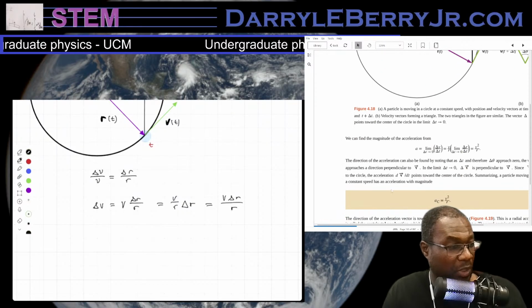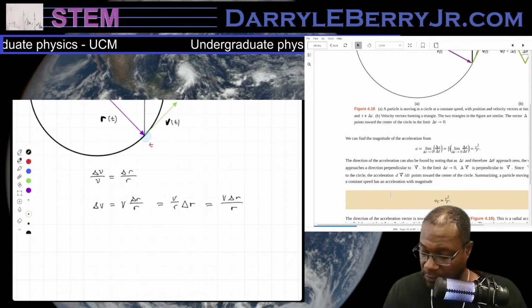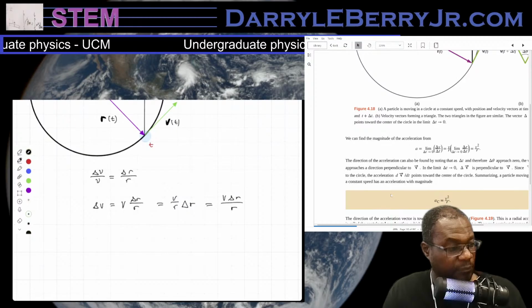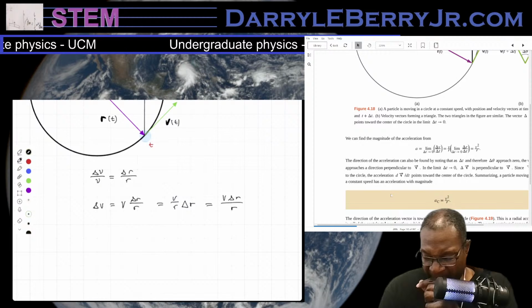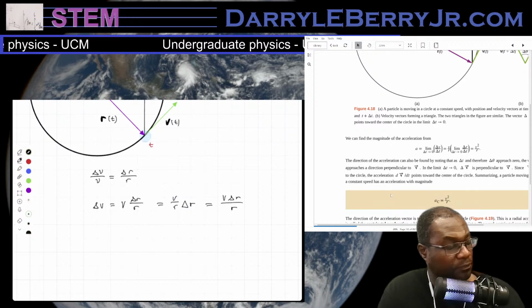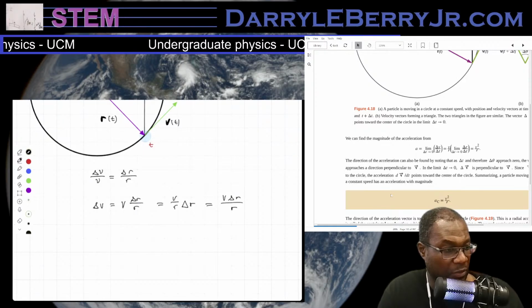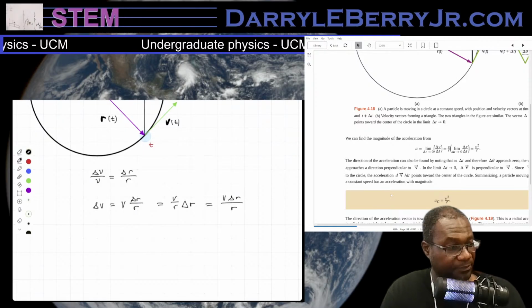You can find the magnitude of acceleration from, oh, still have to work on my limits. Maybe I need to do a video on limits so I can brush up on my limits.